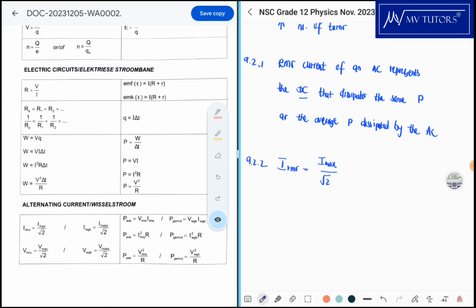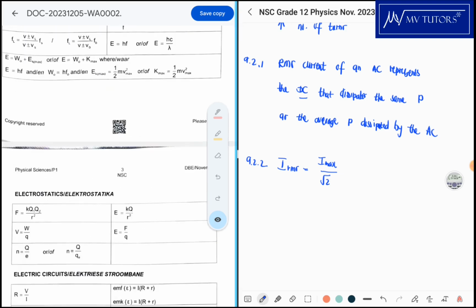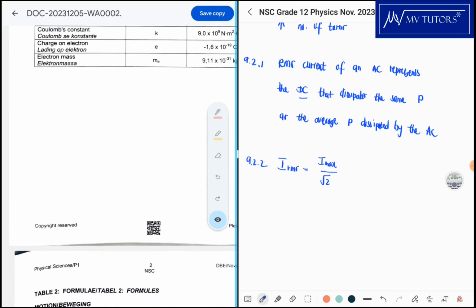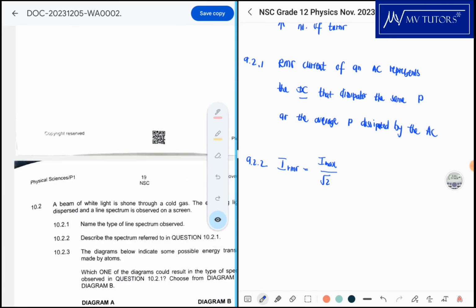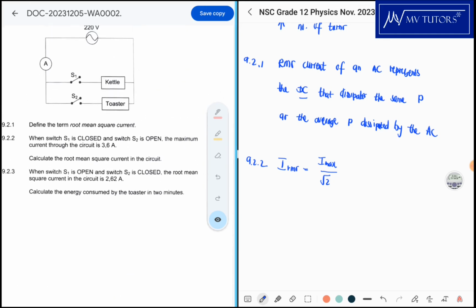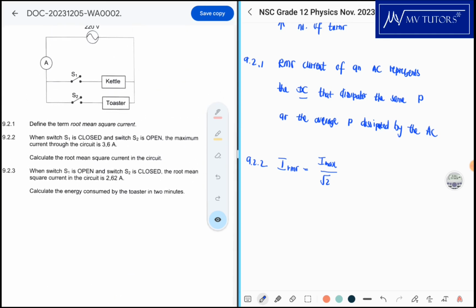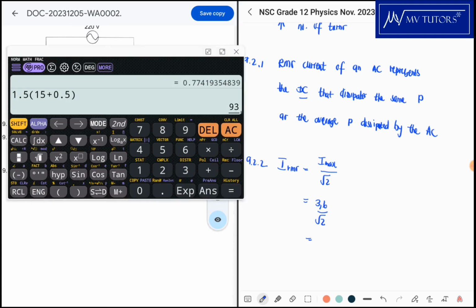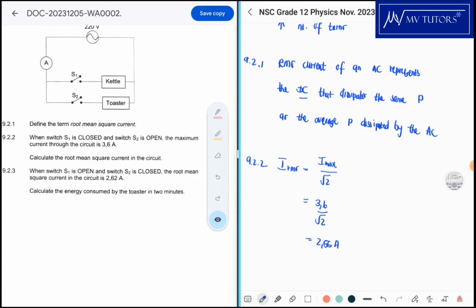Okay, so now let's go back up and get our maximum current, which is 3.6. So we have 3.6 divided by root 2, and that would be 2.55 amperes.